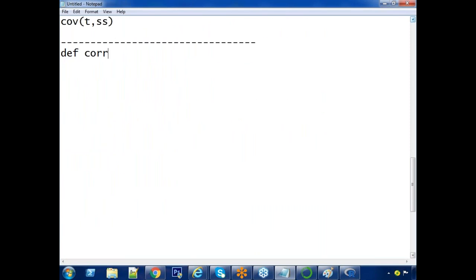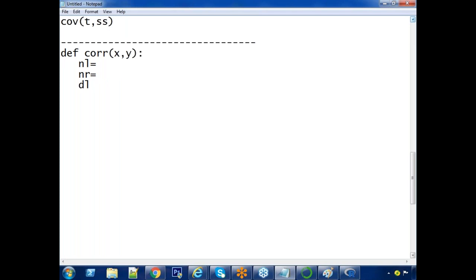Correlation. How many arguments we need to pass? n left, n right. Simply I am saying NL, NR. Same thing, one more expression.